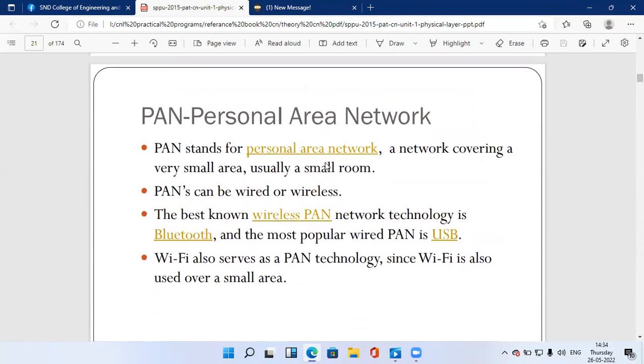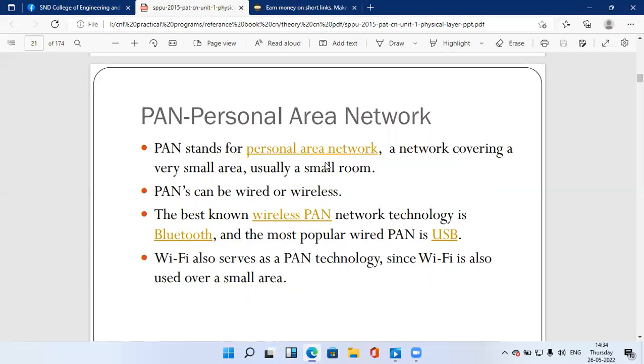After that, PAN network, personal area network. PAN stands for personal area network, a network covering a very small area, usually a small room. PAN can be wired or wireless.